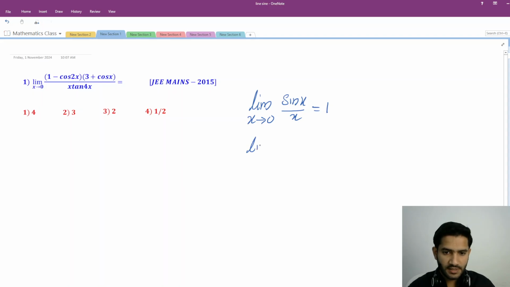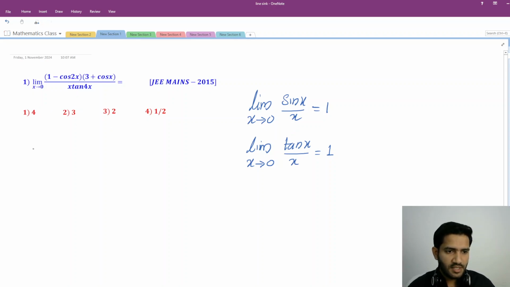And clearly we can use the same result for tan x too, because tan x is equal to sin x by cos x. Limit x tends to 0, cos x is 1, so tan x by x is again 1.